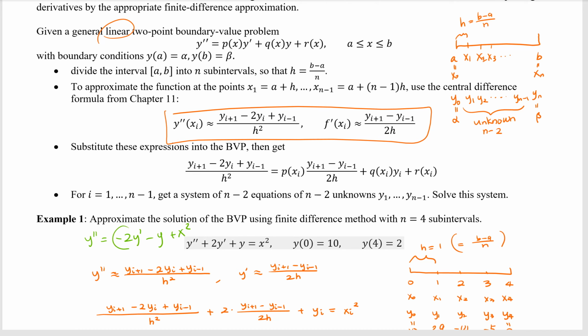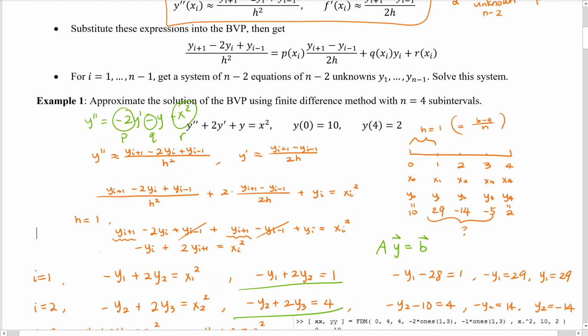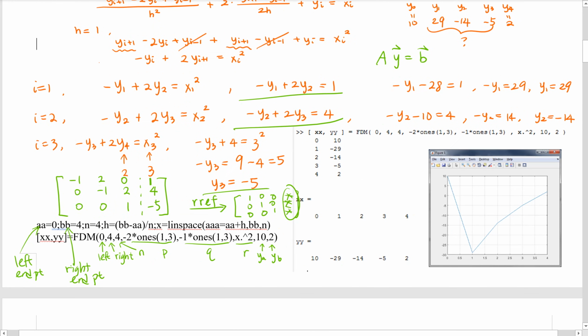So P is minus 2, Q is minus 1, R is x squared. But P, Q, R are actually vector valued functions, so they are column vectors. The dimension is m minus 1 by 1 column vector.